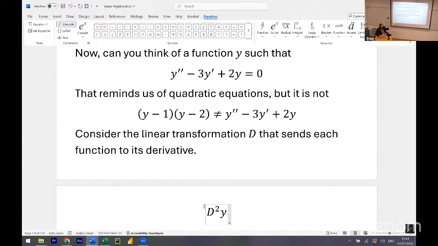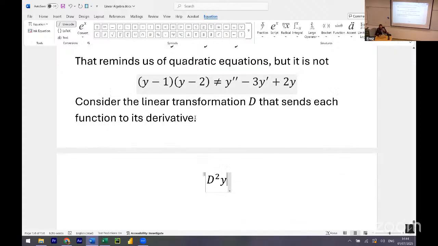I will talk about this notation a bit more. What does it even mean, D squared? Usually, when we use the notation squared, we mean something multiplied by itself, like for a matrix, A squared is A times A, right? But D is a function. How do we apply a function?